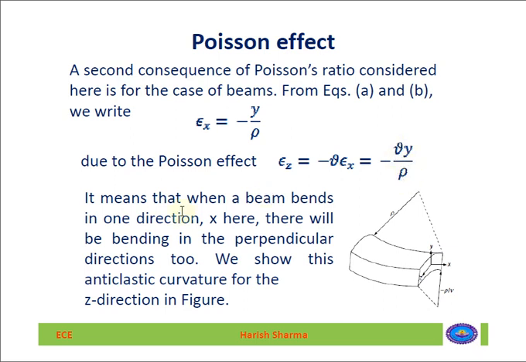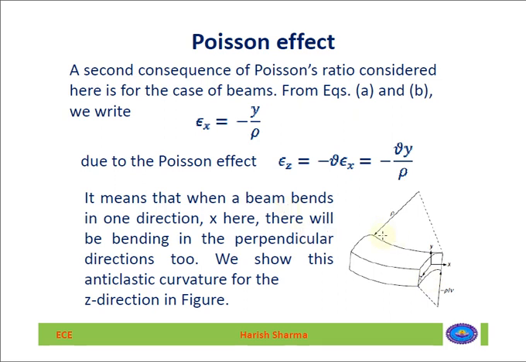So we can say that when the beam bends in one direction x, there will be bending in the perpendicular direction also. We show this anticlastic curvature for the z direction in the figure. In both directions there will be changes.